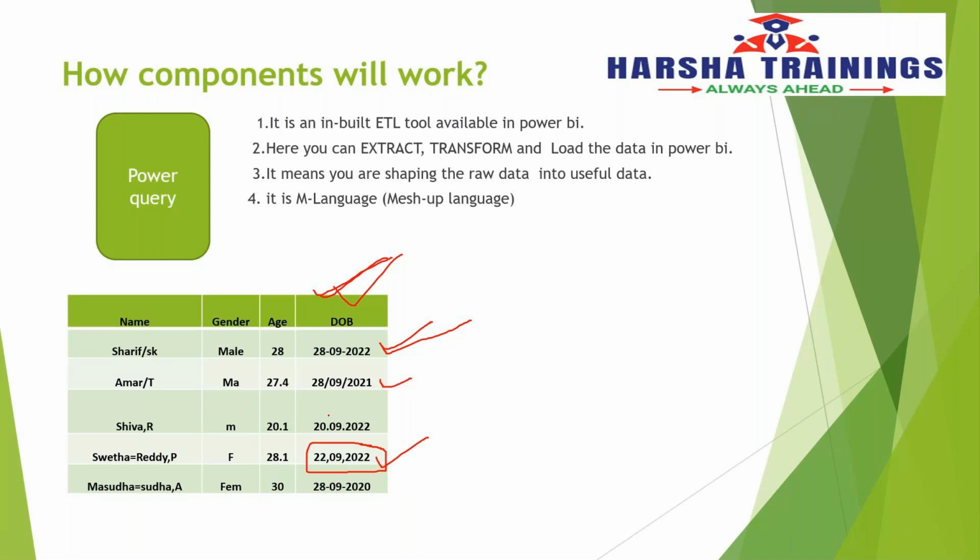This DOB column is a date column. Yes or no? We know there are data types: date data type, number data type, text data type, string data type. Now, if I mention this particularly, this is a date data type. That entire data will have the date format. But what is going on here?